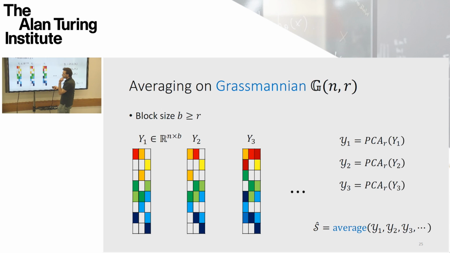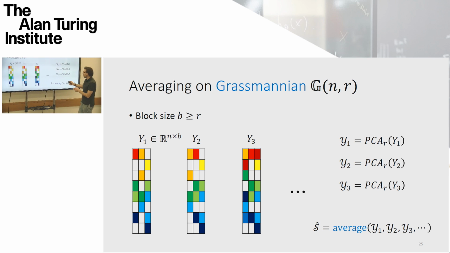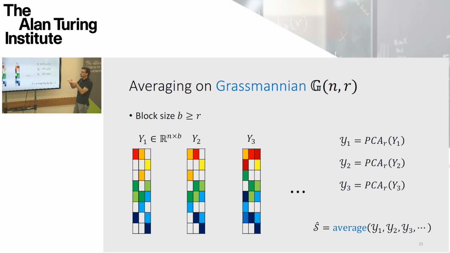Then I'm going to apply cheap PCAs to each of these blocks and find the best subspace that fits each of them. I will call them script y1, script y2, and so on. Now these subspaces are random because the missing entries are random, and they all belong to the Grassmannian G(n, r), the manifold of all r-dimensional subspaces.